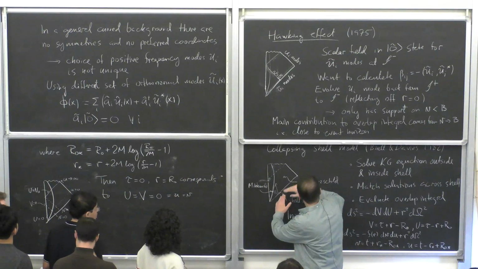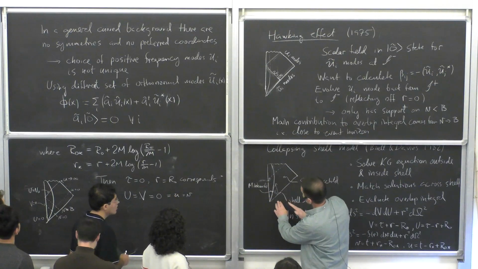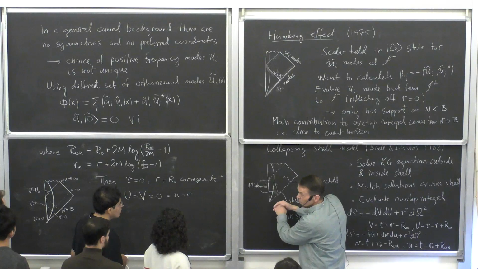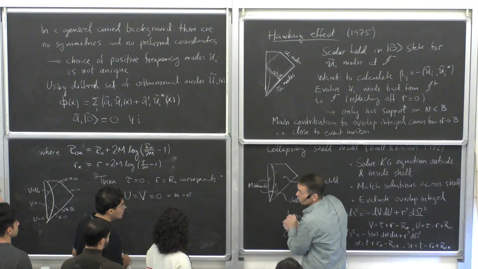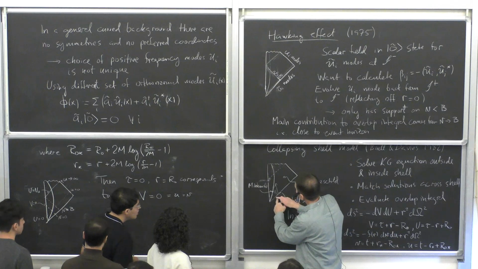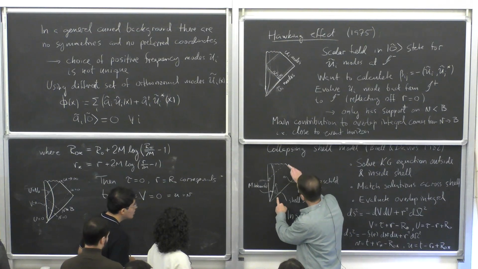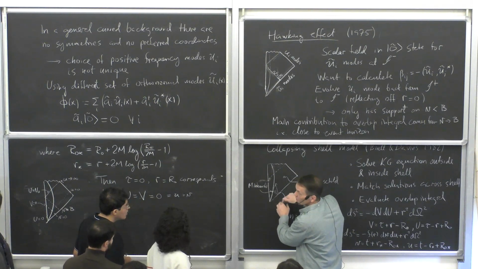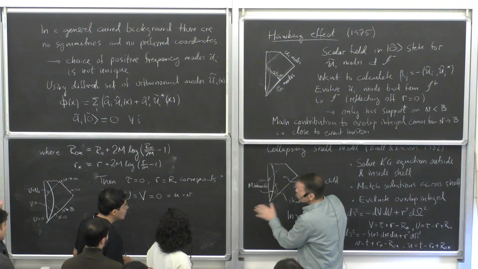What I mean is, I will do exactly the same kind of mode expansion, except these are different modes. They're going to be functions of t plus r here, functions of t minus r here, but otherwise I'll do exactly the same construction.